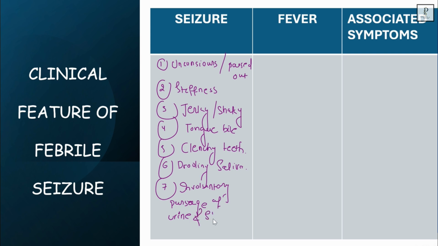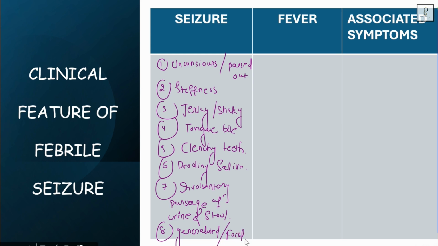Yeah, this is important. Parents will tell that the child has passed urine or passed stool or vomited. Okay. So these are the symptoms of seizure, and the seizure symptoms may be either generalized symptoms or focal symptoms.